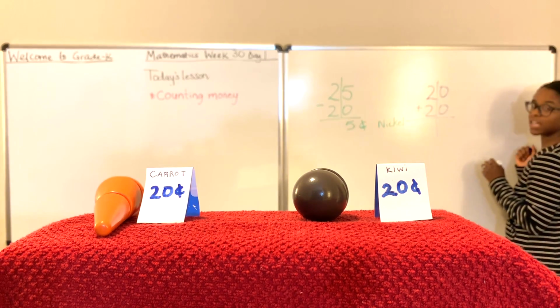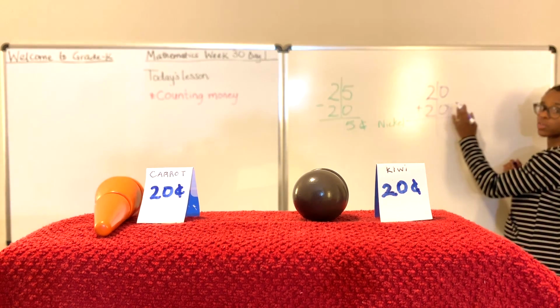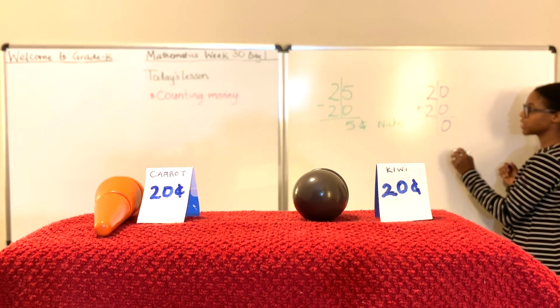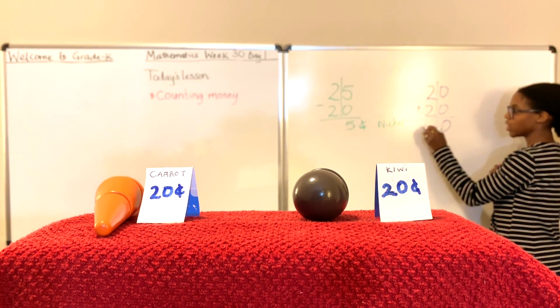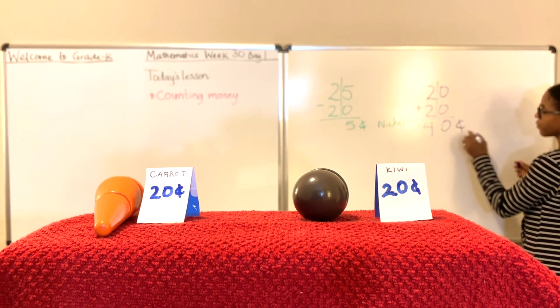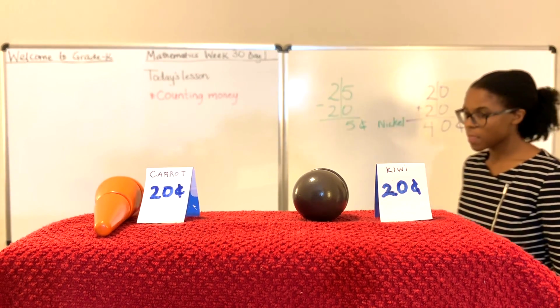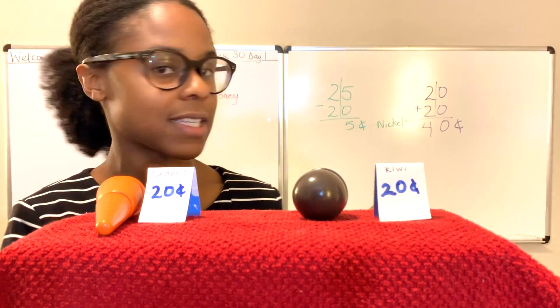You make your line right down the center. What is 0 plus 0? Starting on the right side of the line, well, 0 plus 0 is 0. 2 plus 2 is 4. So it looks like I'm going to have to come up with 40 cents. Can you see that? I'm going to have to purchase the carrot and the kiwi, I'll need 40 cents.